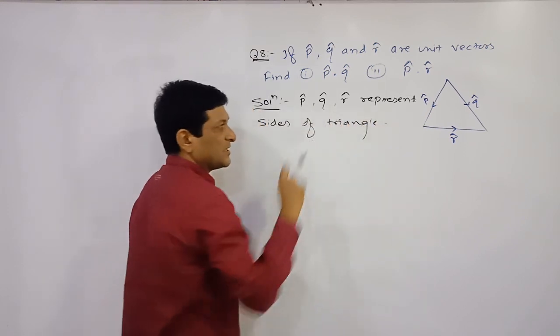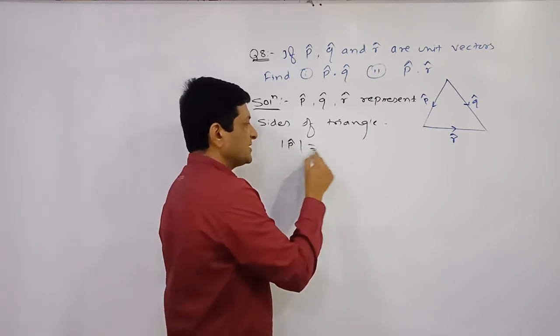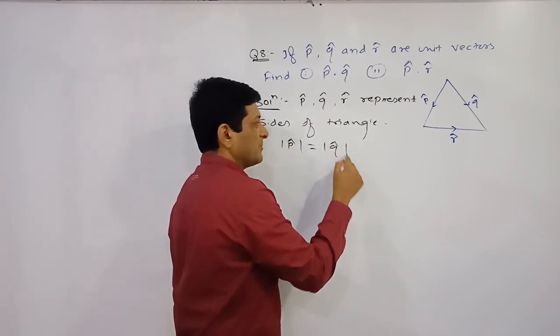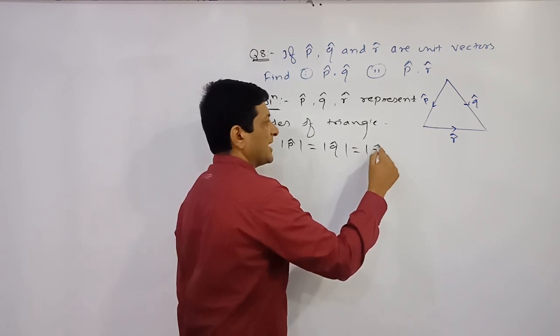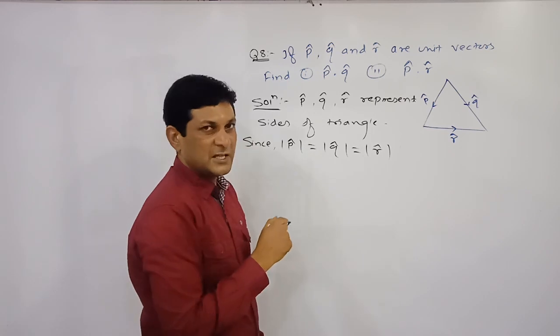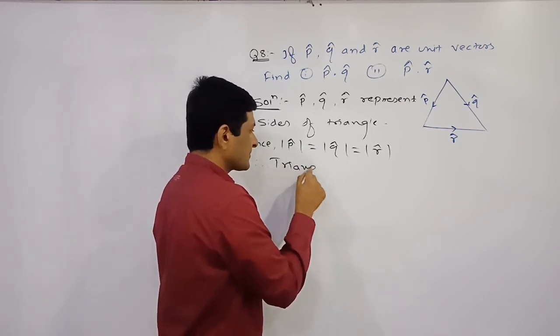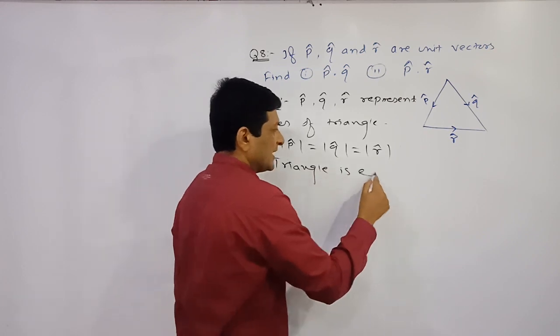These three vectors represent sides of a triangle. So therefore magnitude of P cap is equal to magnitude of Q cap is equal to magnitude of R cap. Better to write down here: since the magnitudes of these three vectors are equal, we can say that the triangle is equilateral.